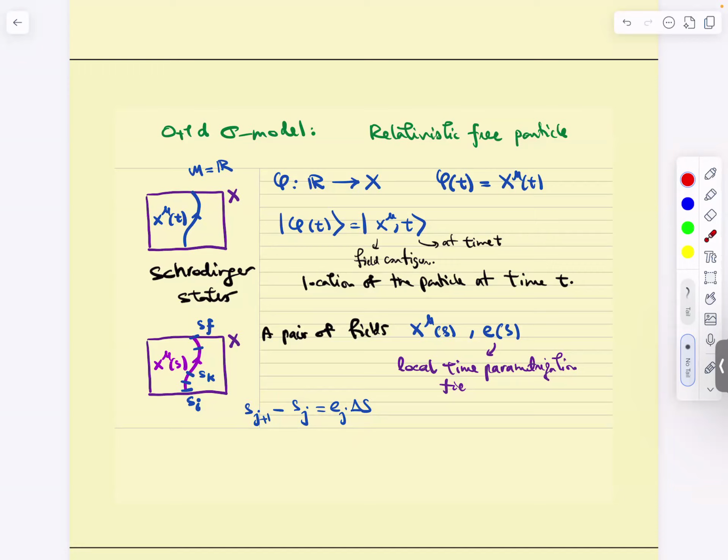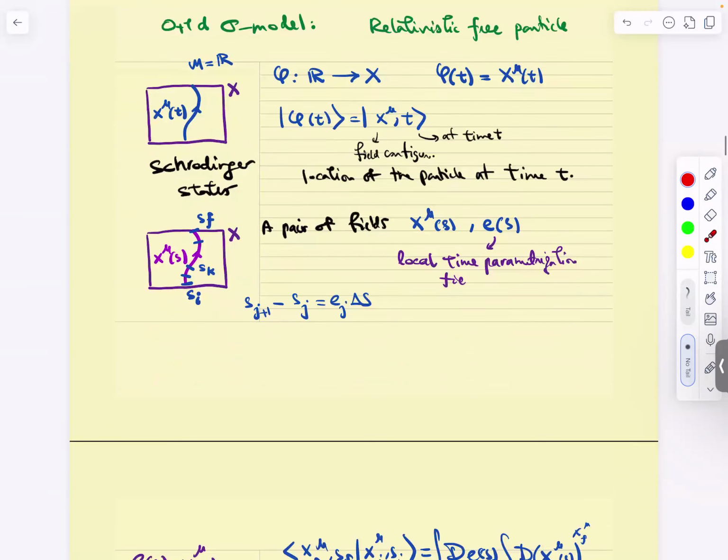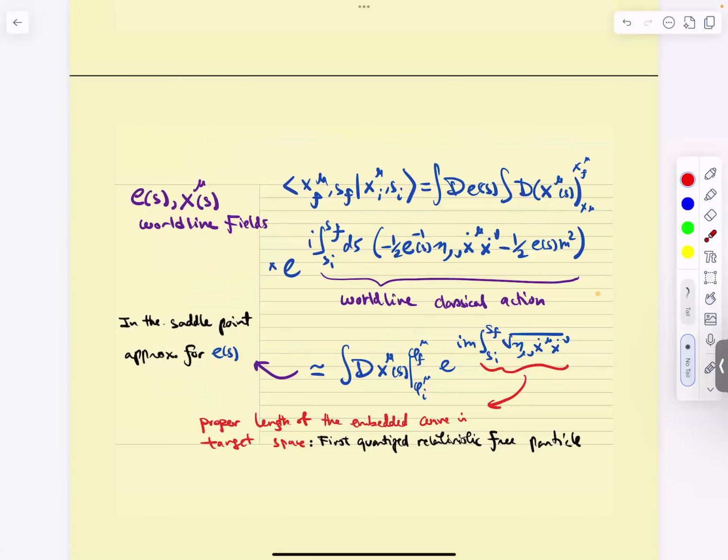You could say this is 0, this is 1, this is 2, this is 3. The differences between these are some e that tells you about these gaps, right? This e is actually a local time parameterization in 0 plus 1 dimensions, right? This is a derivative of that.